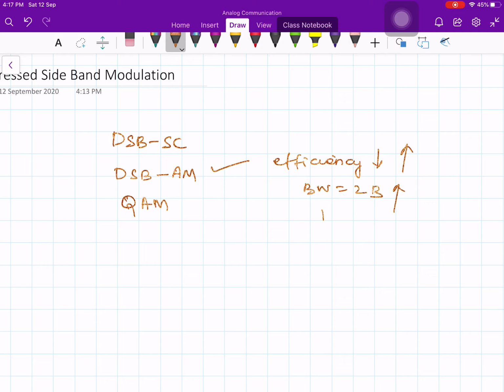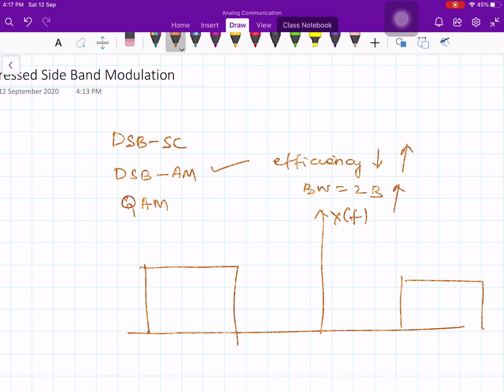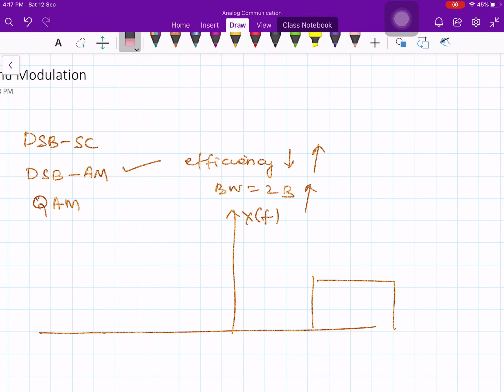Now if you look at the spectrum of your DSB-SC signal X of f, then you have the sidebands like this. Sorry, the figure is something wrong. Like this. Now let's say this is my center frequency fc, and this one is the upper sideband and this one is the lower sideband.